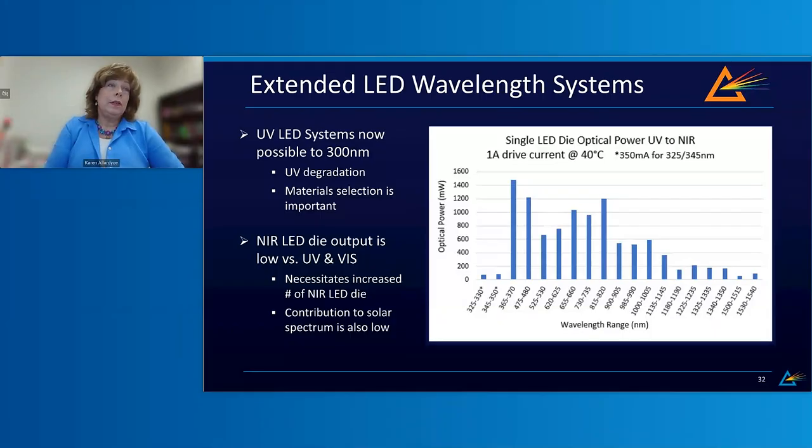The contribution to the solar spectrum in the near IR is less, which is good in a way, since near IR LED dies emit less power, and so in any event, more dies can be used to meet the spectral requirements out in that region as well.